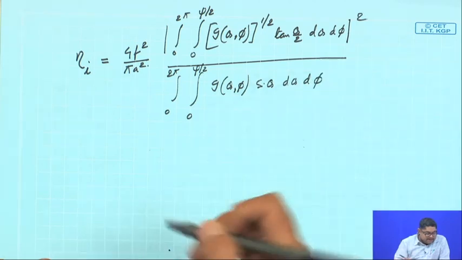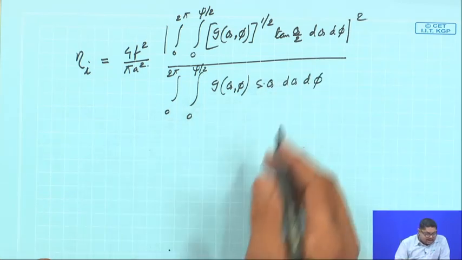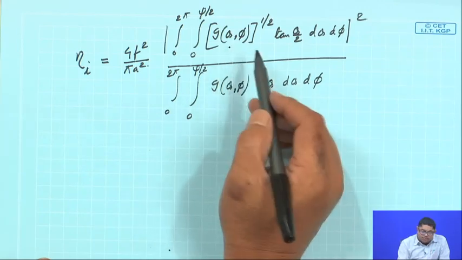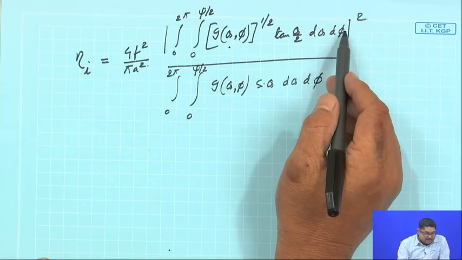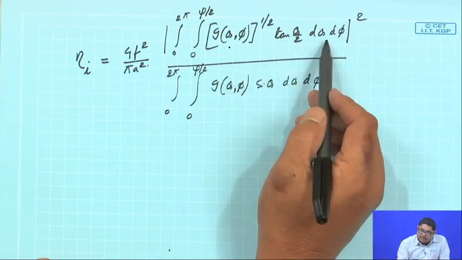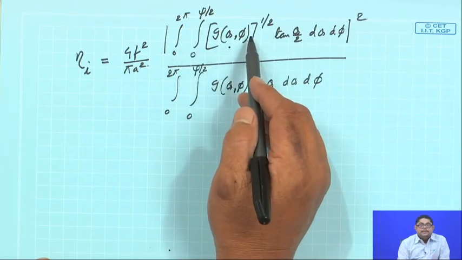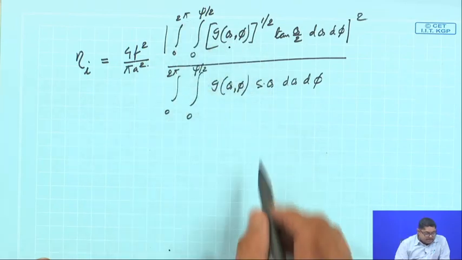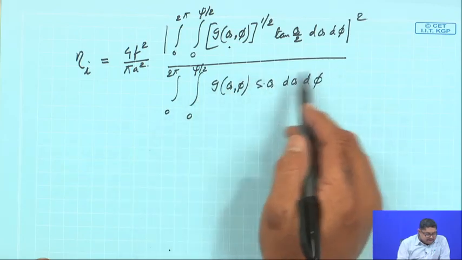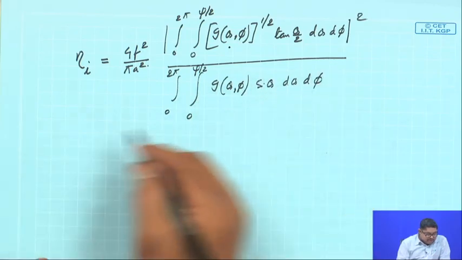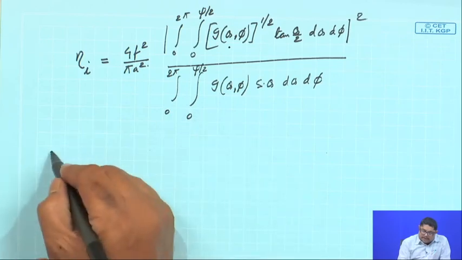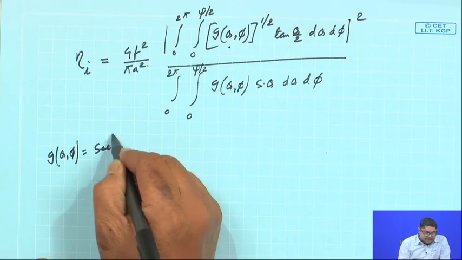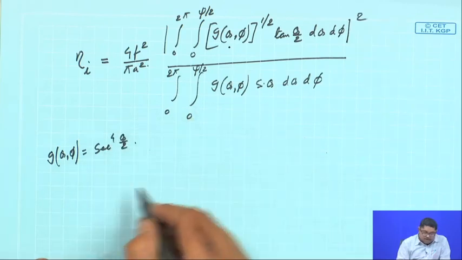So, if you put it there, you will see this will become sec square theta by 2 tan theta by 2 d theta. This whole thing will come out because G theta phi is independent of phi. So, the phi integration will give you 2 pi, and here also you can integrate.